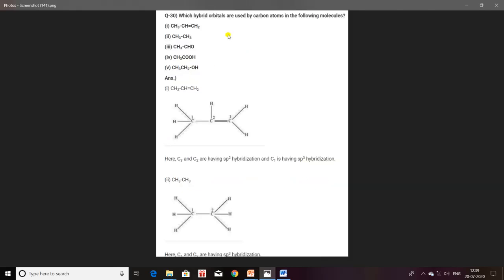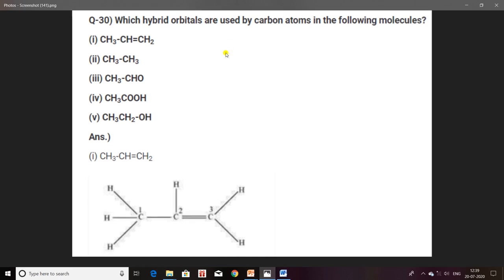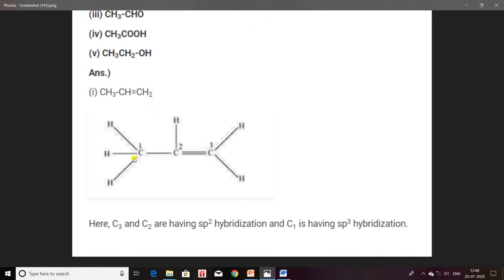In this question, you have to tell which hybrid orbitals are used for carbon atoms in the following molecule. Hybridization of carbon atom. So here structure of first part is CH3 CH double bond CH2. Here carbon is making 4 single bonds. So hybridization of carbon 1 is sp3. Here this carbon is making 2 single bonds and 1 double bond.